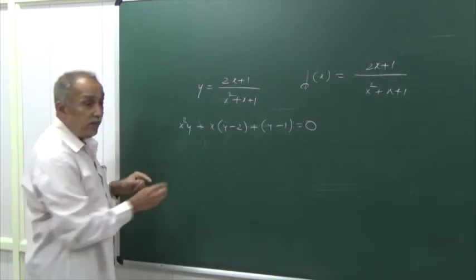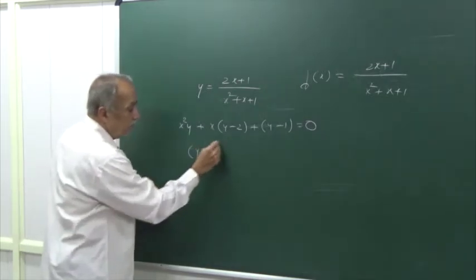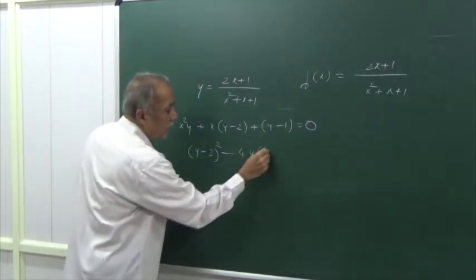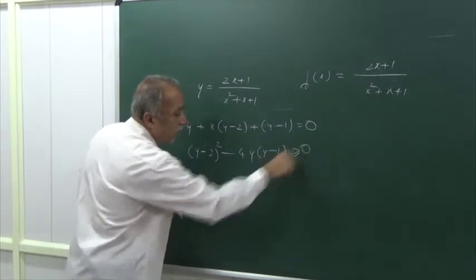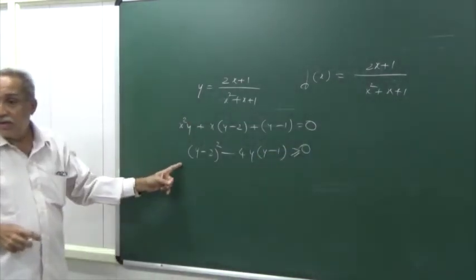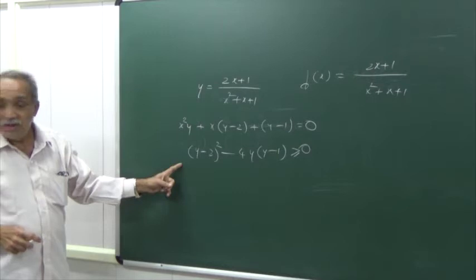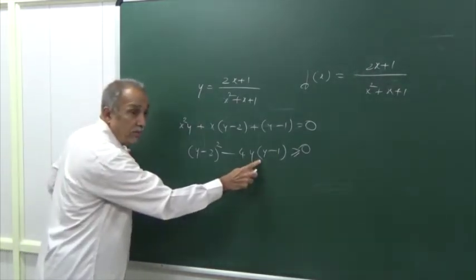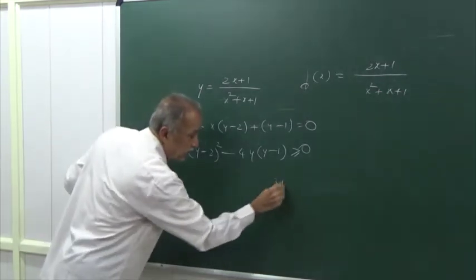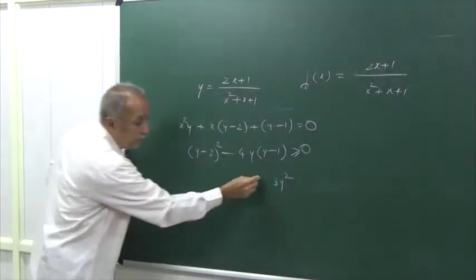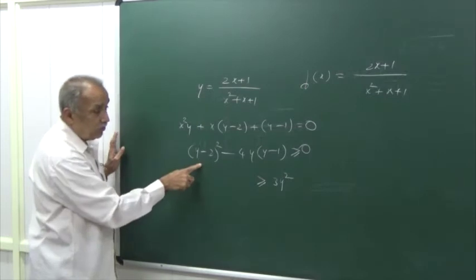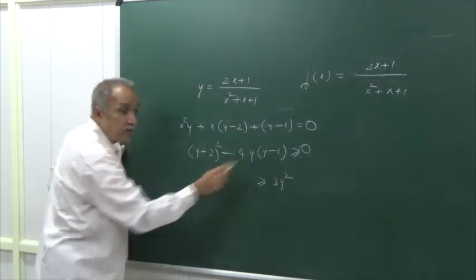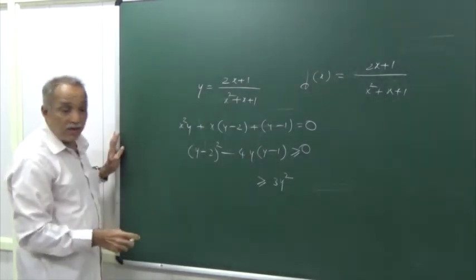What is the discriminant? Yes. On simplifying, y square minus 4y square minus 3y square. Let me shift it to the other side. Minus 4y, minus of minus 4y, cancel.